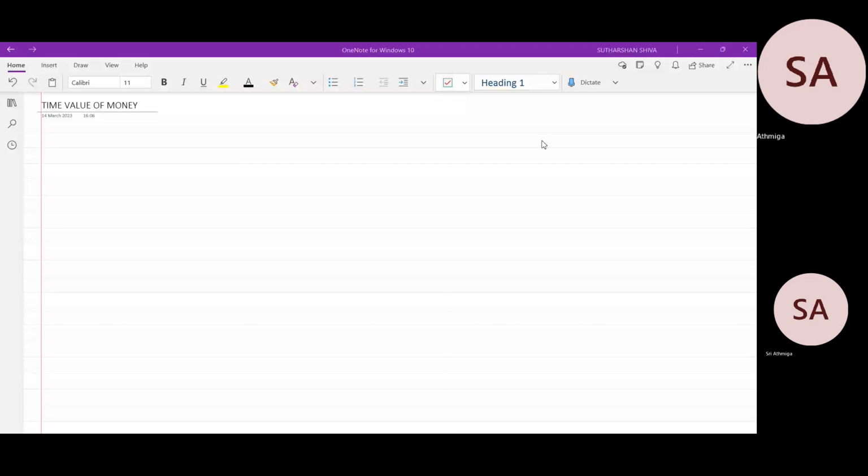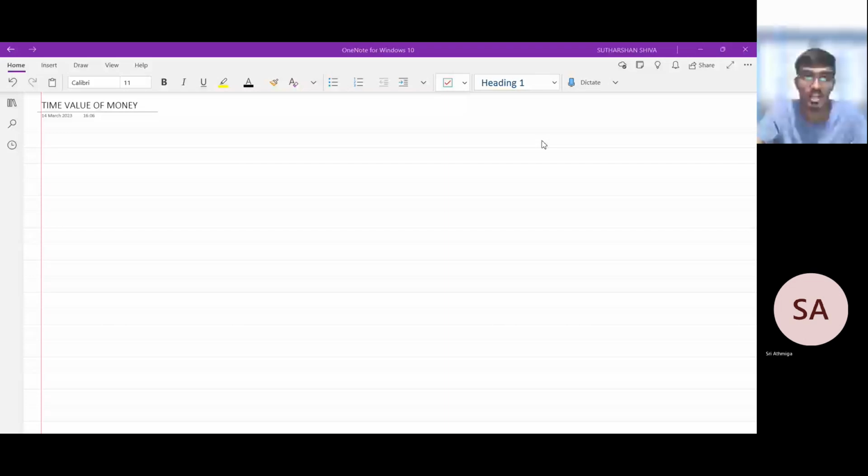Another session on CA Foundation Mathematics. Now we are going to start with a new chapter, that is time value of money. This chapter is the most important in your CA Foundation curriculum of Paper 3. It has a weightage of 10 to 14 marks in your main examination, which you are going to face.